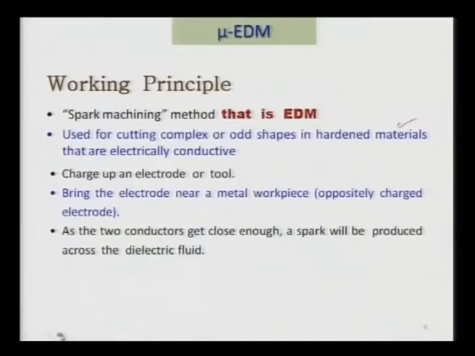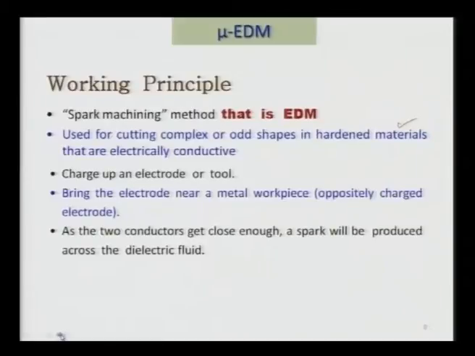The tool is negatively charged, that is the cathode, and the workpiece is positively charged, called the anode. However, in certain cases you may have to use reverse polarity, but not much research has gone into that, so I am not commenting much about that particular feature of electric discharge micro machining.